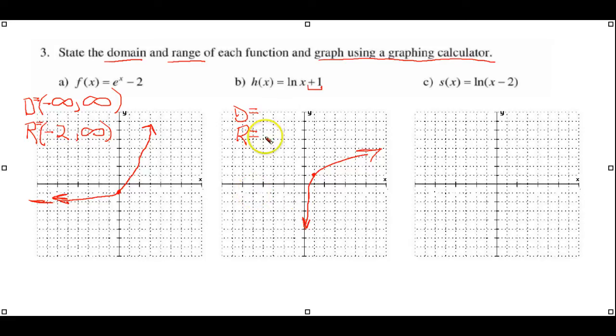Well, here it's approaching the y-axis, never reaches it, so this is approaching 0 and goes to positive infinity. But it's coming up for the range from negative infinity to positive infinity.